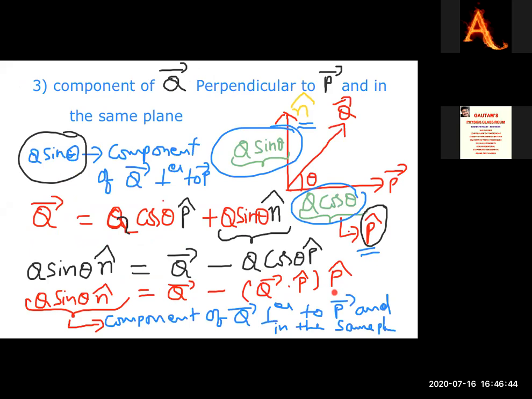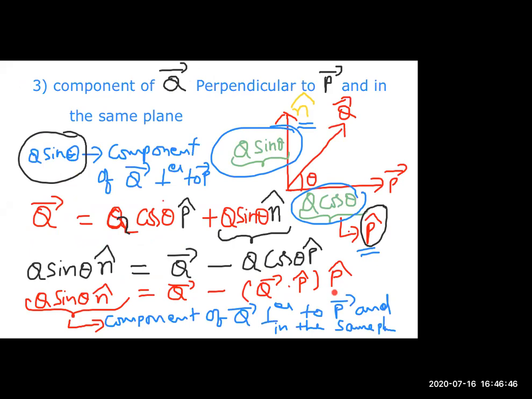This is called the component of q bar perpendicular to p bar and in the same plane. These are three important things related to the dot product, beta.